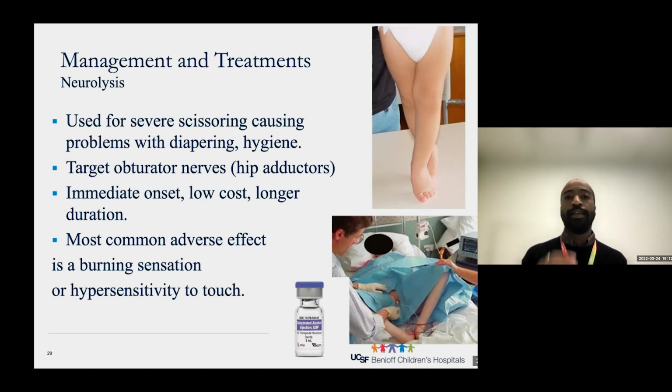And then you want to target a pure motor nerve, which is why the obturator nerve for the hip adductors is a good target. If you get a sensory nerve or a sensory component to a nerve, you can have prolonged paresthesias or dysesthesias, where the child has ongoing pain even though the initial injury is over.